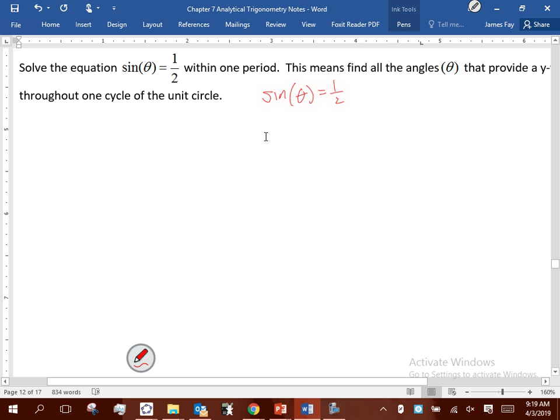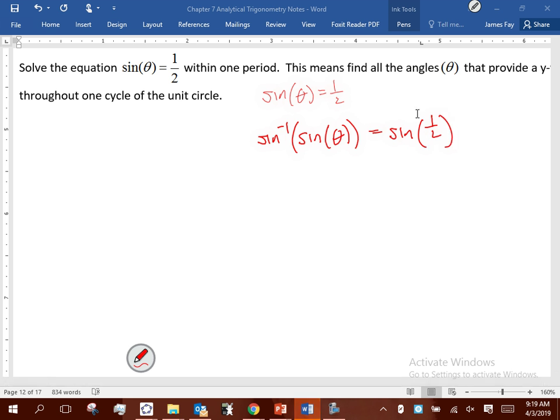Or I can actually use the algebra that allows that theta to be pulled out of this equation. Because we know that sine inverse of sine theta, for any theta, these two things are going to do what to one another? Cancel out, right? And leave me then theta is equal to sine inverse of 1/2.